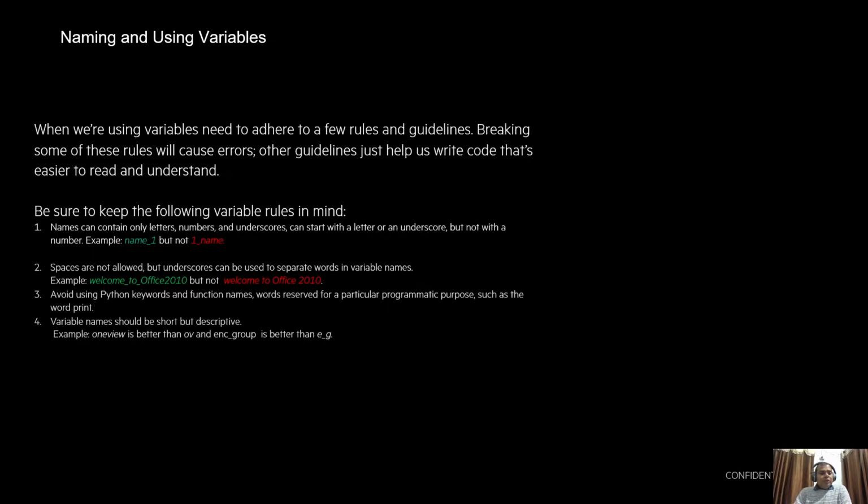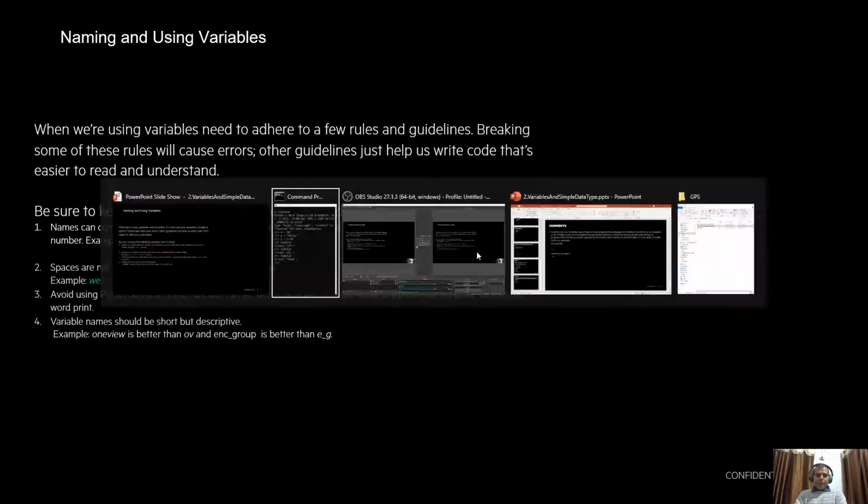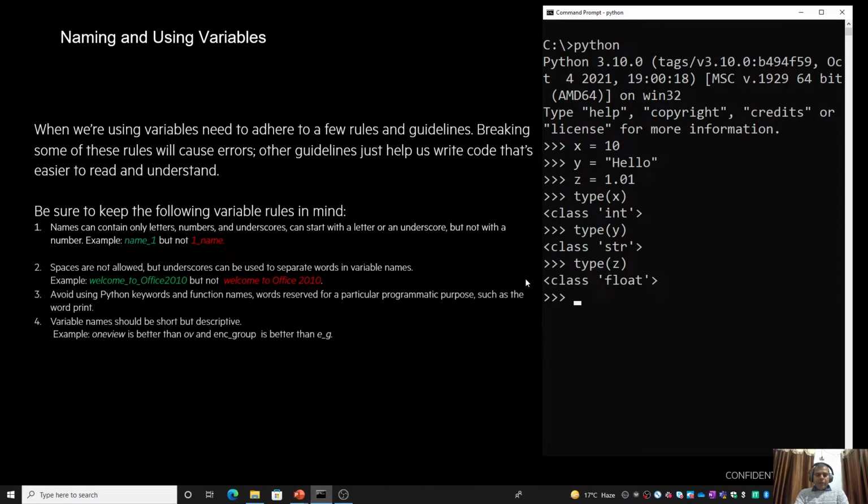The first I have noted down here is that names can contain letters, numbers, and underscore. They can start with a letter or an underscore, but not with a number. What we are just saying is that we can have x1 equal to 100, but we cannot have 1x equal to 100.